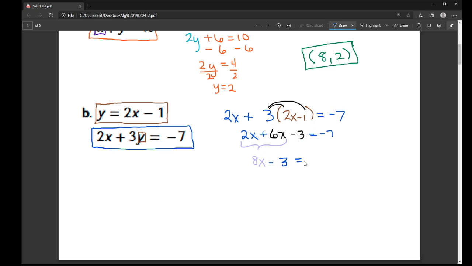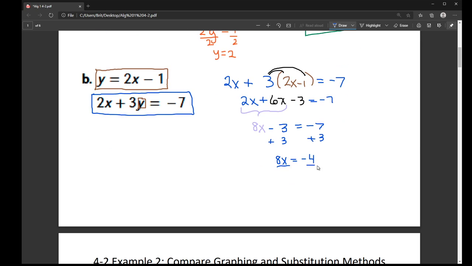Minus 3 is equal to negative 7. Then I'm going to add 3 to each side to get rid of that subtraction. And I get 8x equals negative 4. And then I divide by 8, and I get x equals negative 1/2 if you reduce that fraction.